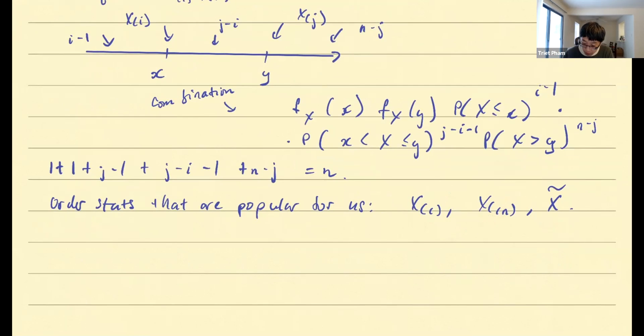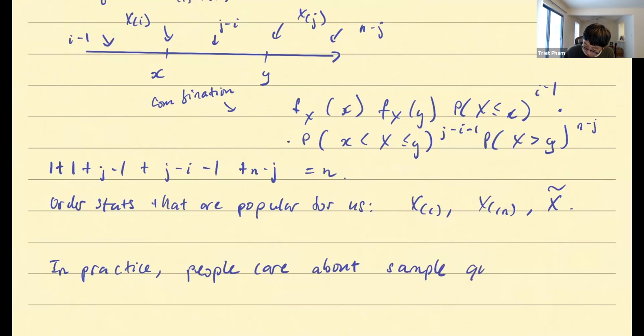But I want to mention that you want to know these guys very well, but order stats that are often used out there in practice, people care about sample quantiles. Okay, and I'll stop at that.